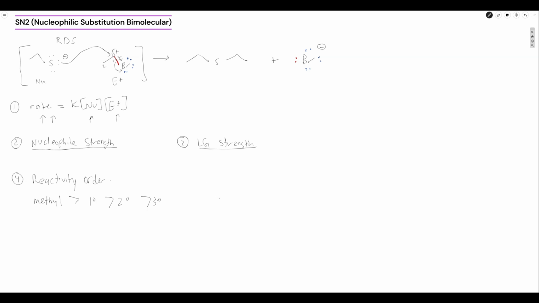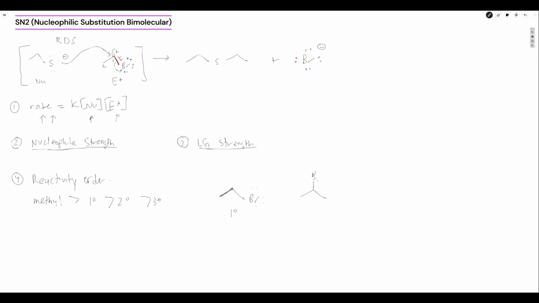And so we can explain this pretty simply by looking at, let's say we use the example that I used above. Here we have a primary alkyl halide. Why primary? Because the carbon on which the bromine leaving group is substituted has one alkyl group. Okay.